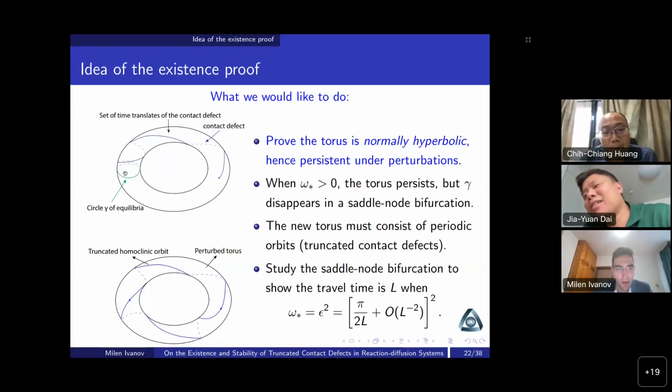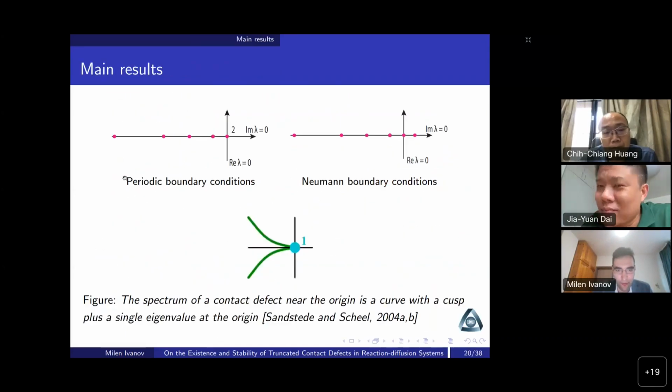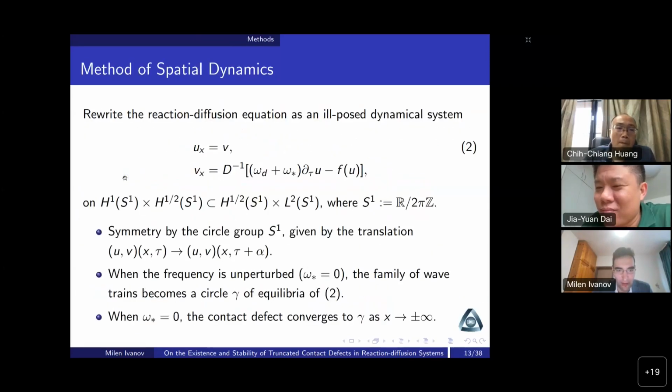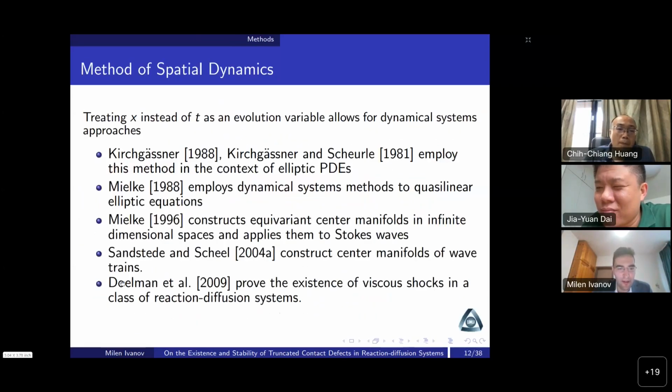I see. So, for example, I'll just go back to one of these. Doelman, Sandstede, Scheel, and Schneider use such methods, like center manifolds and perturbation in a saddle-node bifurcation, to prove the existence of viscous shocks.